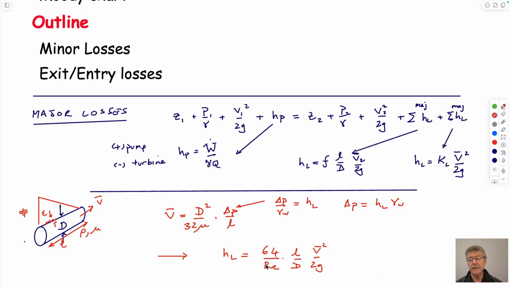And so we've seen this before. This term here is actually our friction factor for laminar flow. So this is f L over D V squared over 2g.